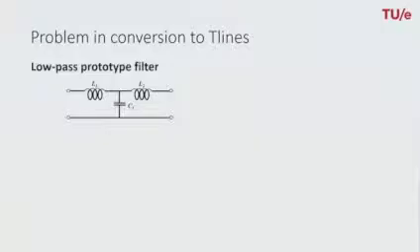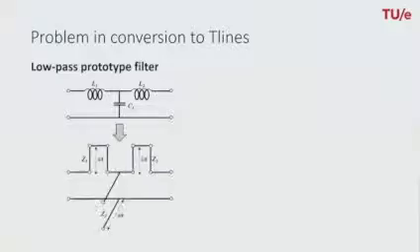If we do that, for example, let us consider a low-pass filter consisting of two inductors and a capacitor, as shown here. If we apply Richards' transformation, the equivalent transmission line circuit would look like this. So the shunt capacitor would be represented by a shunt open stub, which is okay.